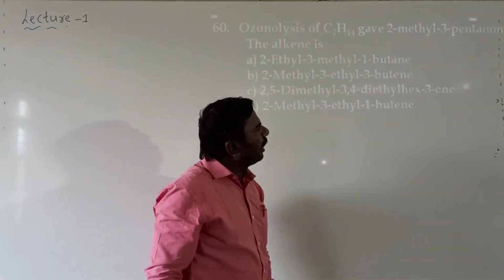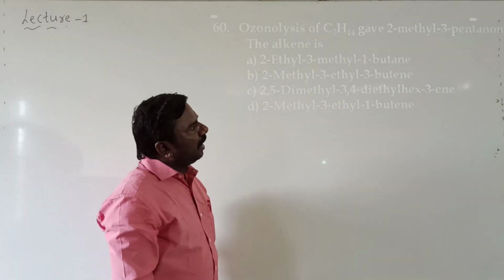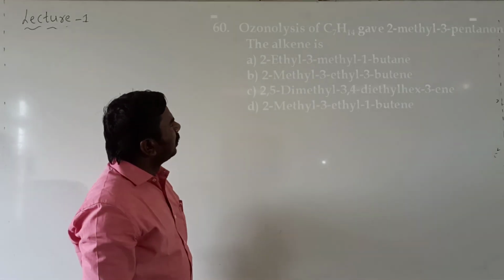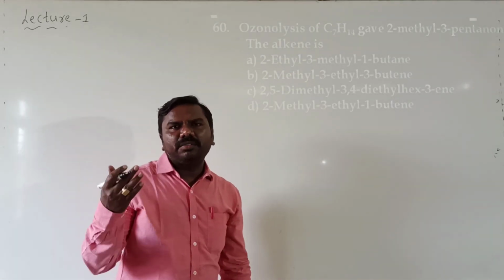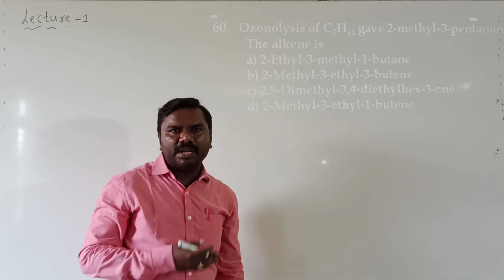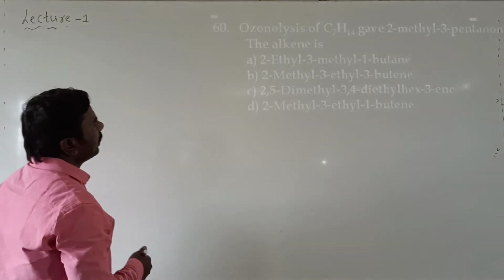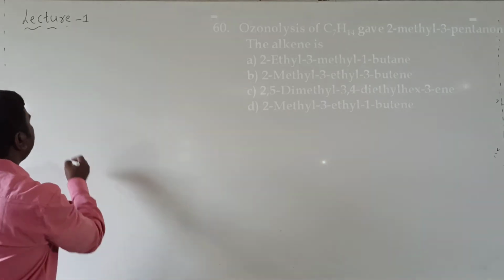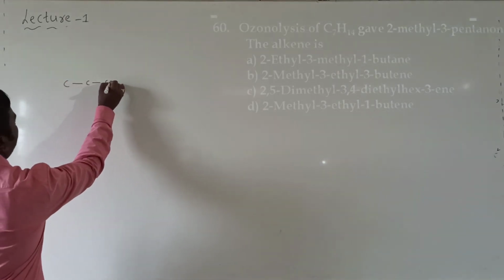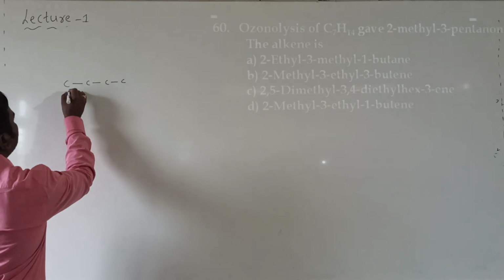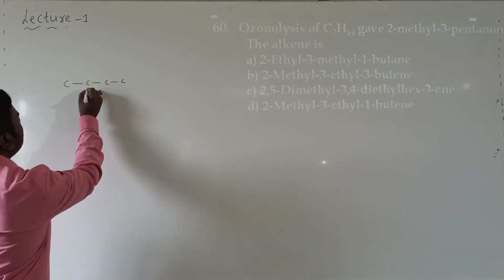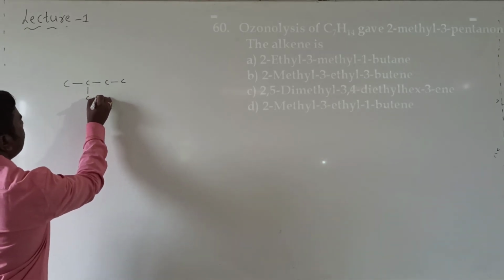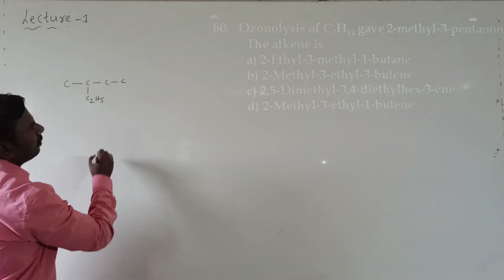Ozonolysis of C7H14 gives 2-methyl and 3-pentanone. You have to verify the options given one by one. I will start with the first option. So that is 2-ethyl, 3-methyl, 1-butene. Butene means totally 4 carbons. So yes, second position ethyl, C2H5. Third position methyl.